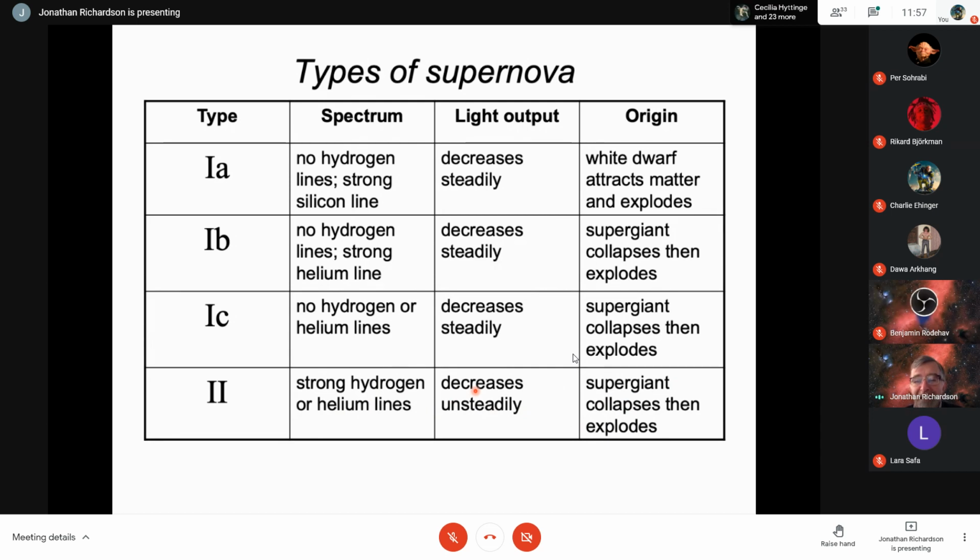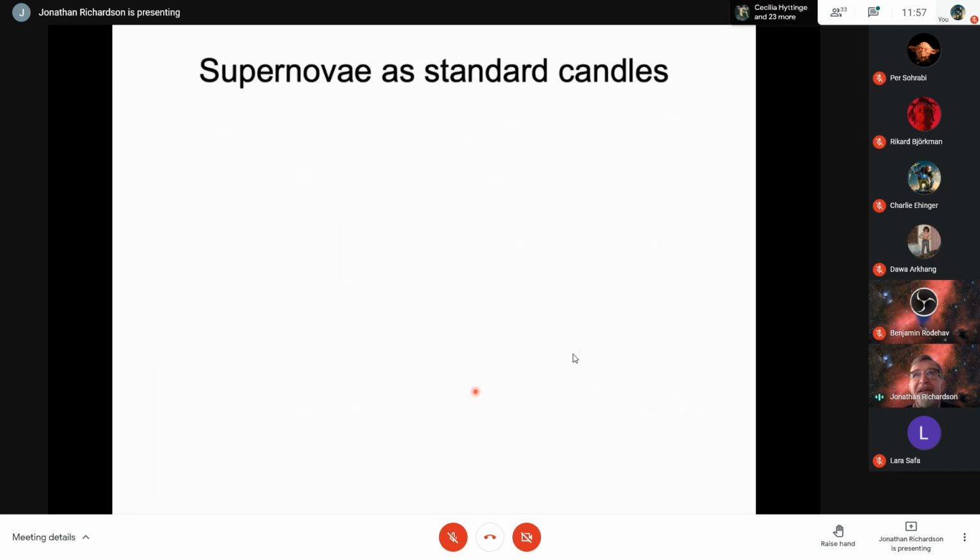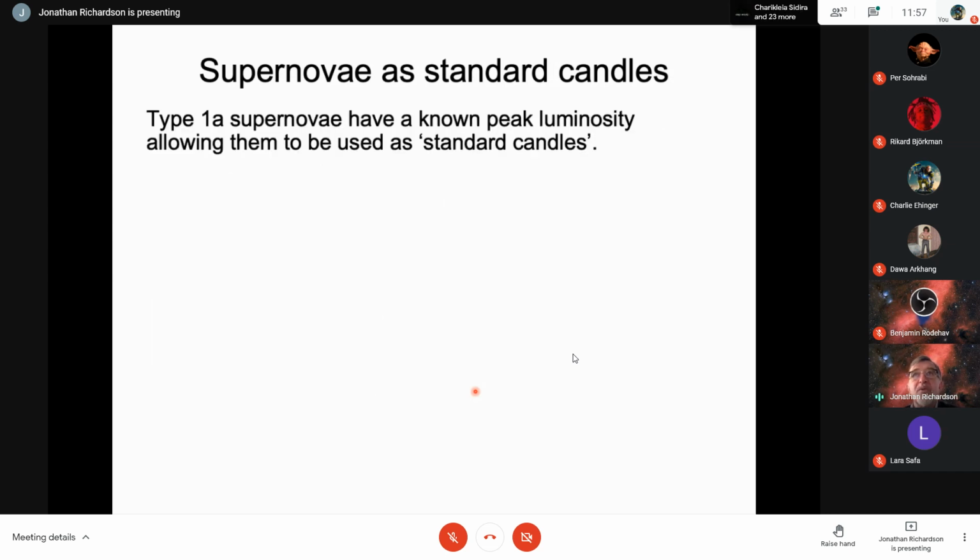Why is that significant? It is significant because we can use supernova as what we call standard candles. In other words, it's like having a candle in the sky where we're using that supernova event to actually tell us how far away the event occurred. We know that a type 1 supernova has a known peak luminosity.